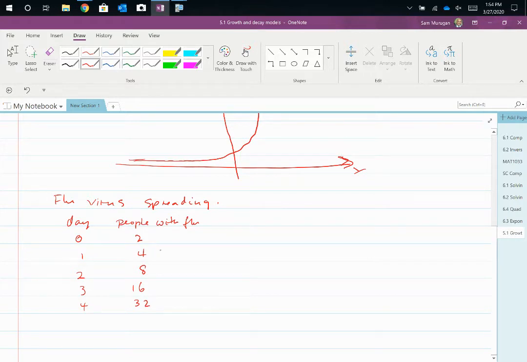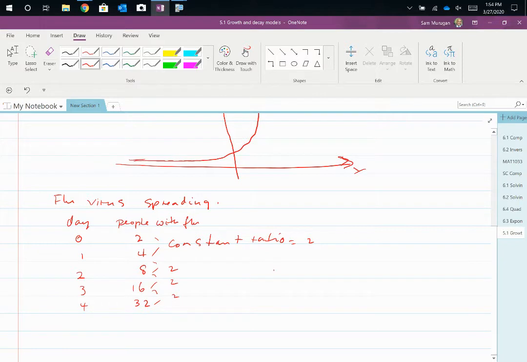And you can see the growth rate happening here, that constant ratio representing the base of the model. That constant ratio is equal to 2. 8 divided by 4, 16 divided by 8, and 32 divided by 16, that ratio.